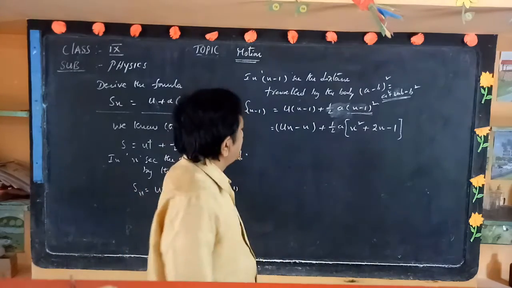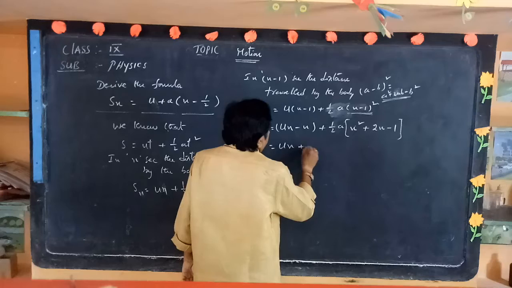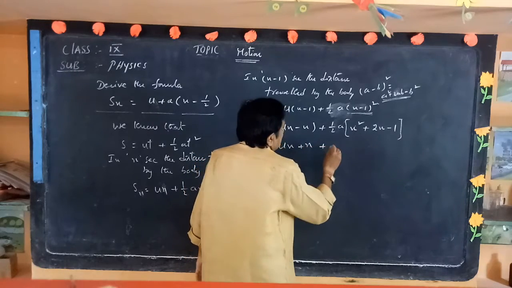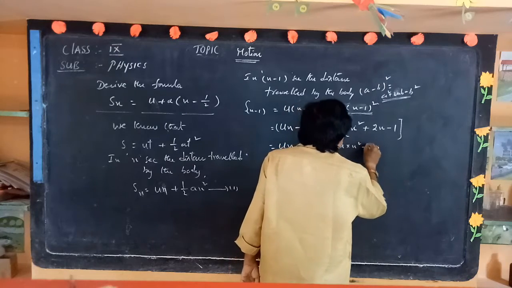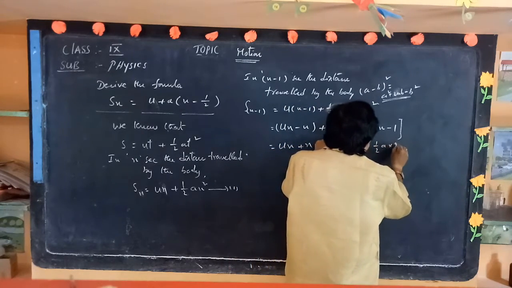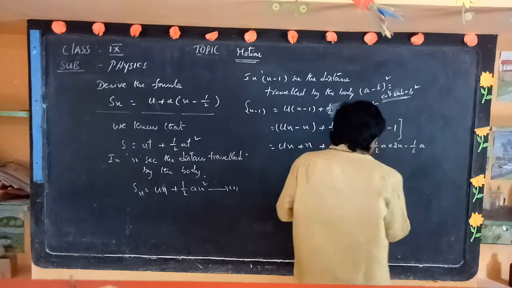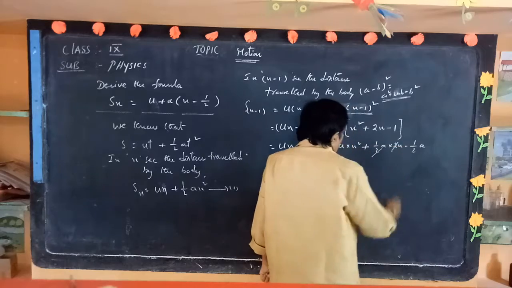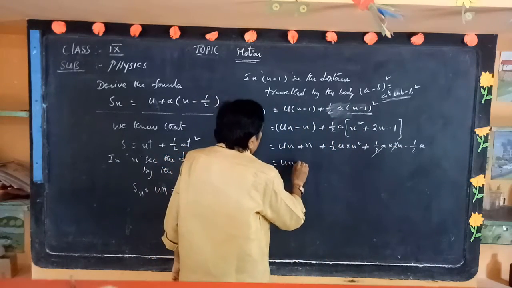So what do we get? Opening the bracket: un minus u plus half a into n square, plus half a into minus 2n plus half a. In this case the half gets cancelled. Then what do we get?